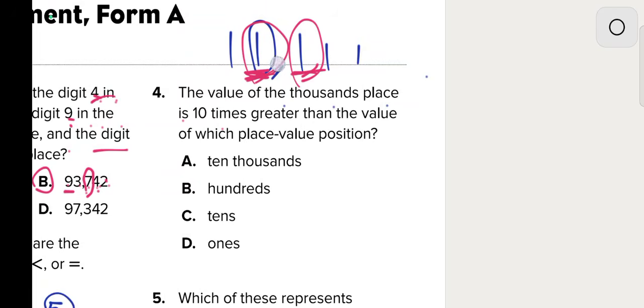So if he told you 1000 place is 10 times greater than, choose the place value less than 1000. What's the place before thousands place? It's hundreds place. So hundreds place is less than 1000 place by 10.